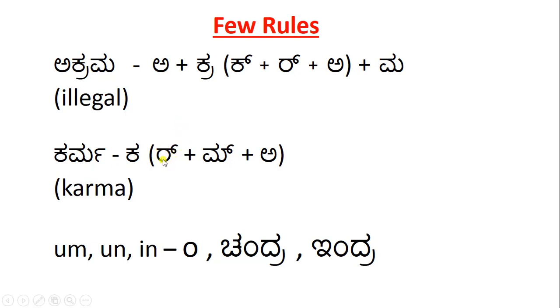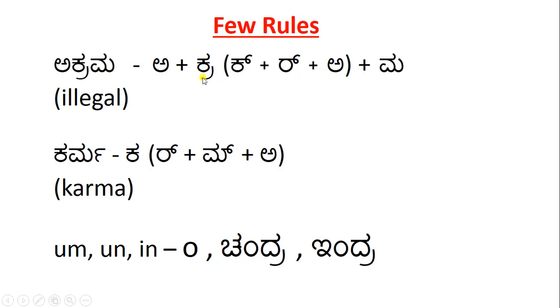So, if a vowel does not come after r, then we use this symbol. Okay, if you see this, a comes after r, which makes it r.